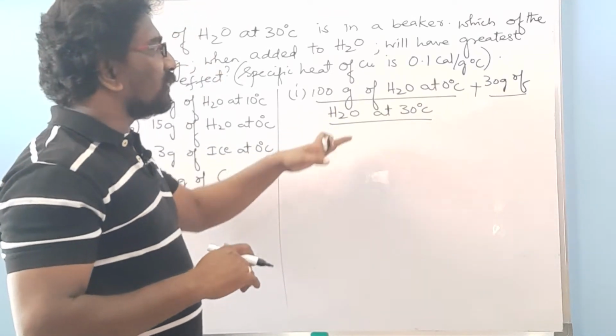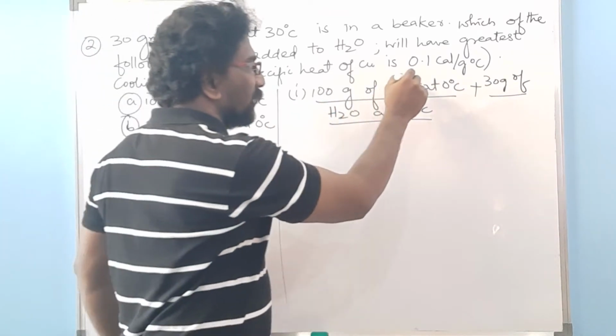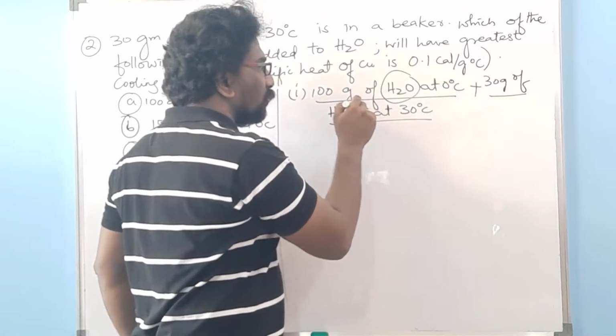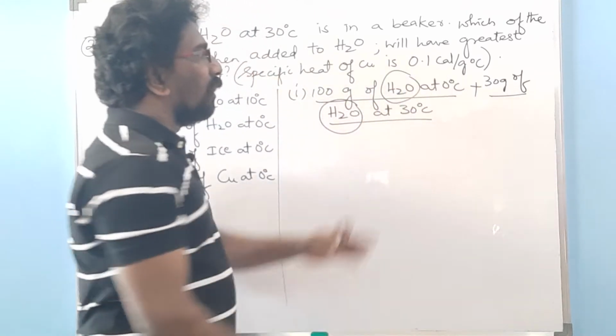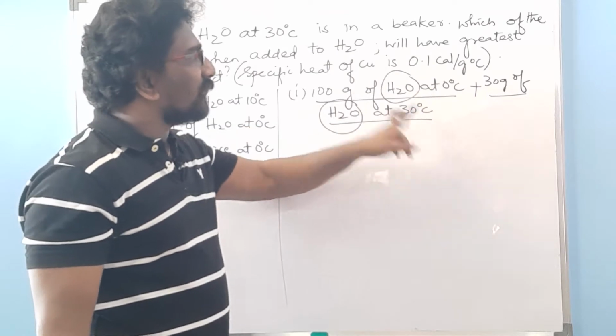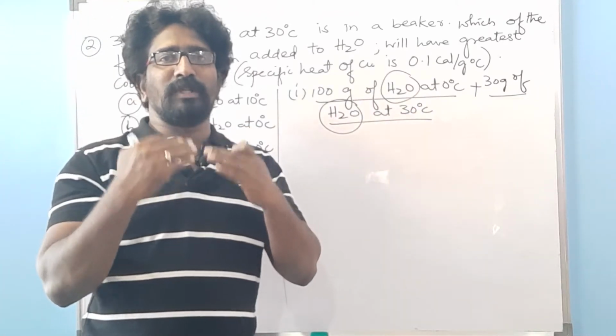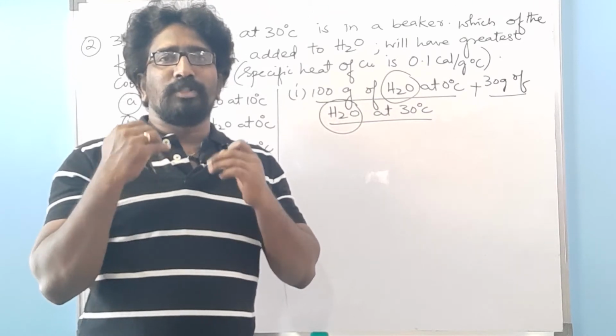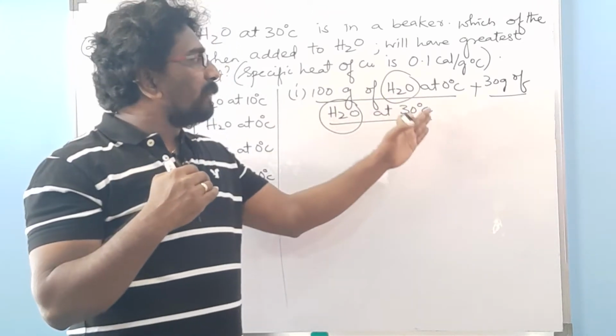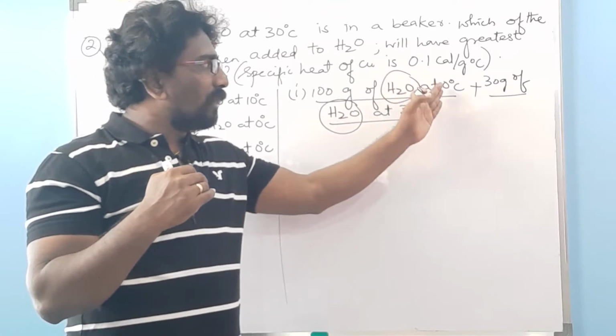See now, what is actually happening here? There are 2 liquids, water and the other one is also water, but they differ in temperature. One is at 0 degrees Celsius, the other is at 30 degrees Celsius. When you mix them, what happens? There will be transfer of heat energy from one liquid to another.